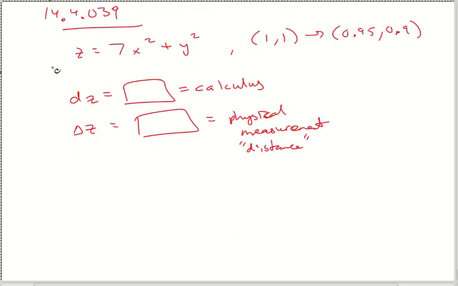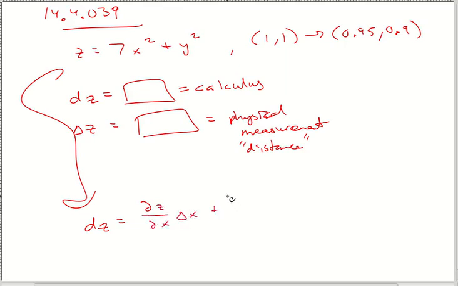Well, calculus is like super easy. So here, how do you find it? What's your answer for this? Well, dz, here's your formula, I guess, is del z del x, delta x, plus dz dy, delta y. Notice that delta z is not the same as these guys, but it's kind of similar in understanding. This is a distance, a difference from the original.